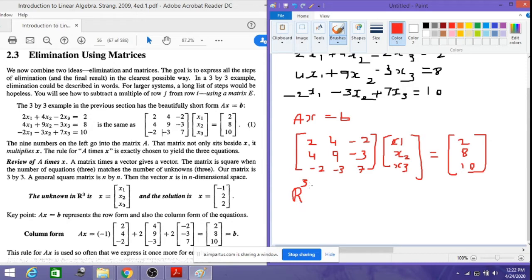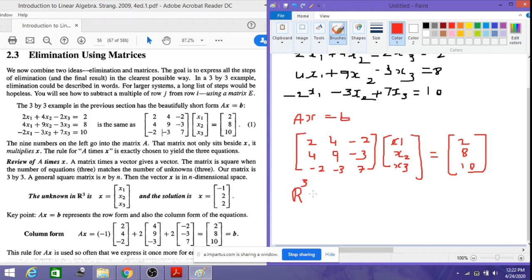This is a very important term. This 3 represents the dimensions, so we are talking in terms of 3-dimensional space. If it is R^2, we are talking in terms of 2-dimensional space. If it is R^9, we are talking in terms of 9-dimensional space. So that is what it means.